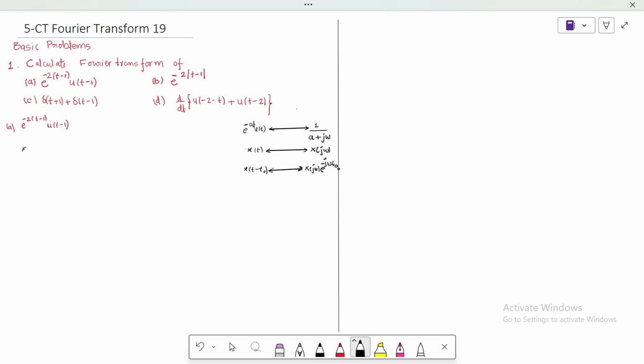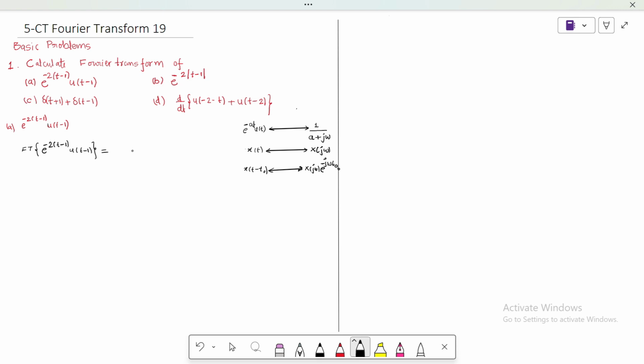So the Fourier transform of e power minus 2 into (t minus 1) into u of t minus 1 equals, first write down x of j omega.